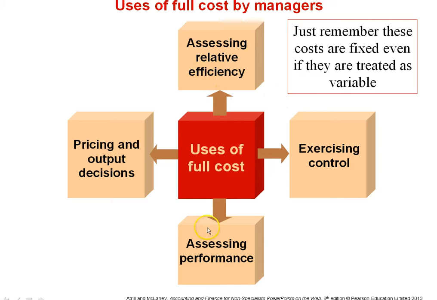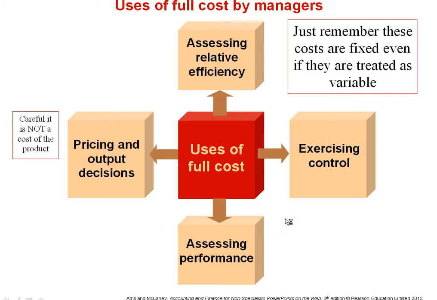And then assessing performance. Clearly, if we're going to be looking at the profit per unit, we'll be able to assess performance. So it has a lot of uses, but if fixed cost is just left as one lump that isn't changed, doesn't vary, or isn't related to output, it's going to be more difficult to use the fixed costs in these ways.